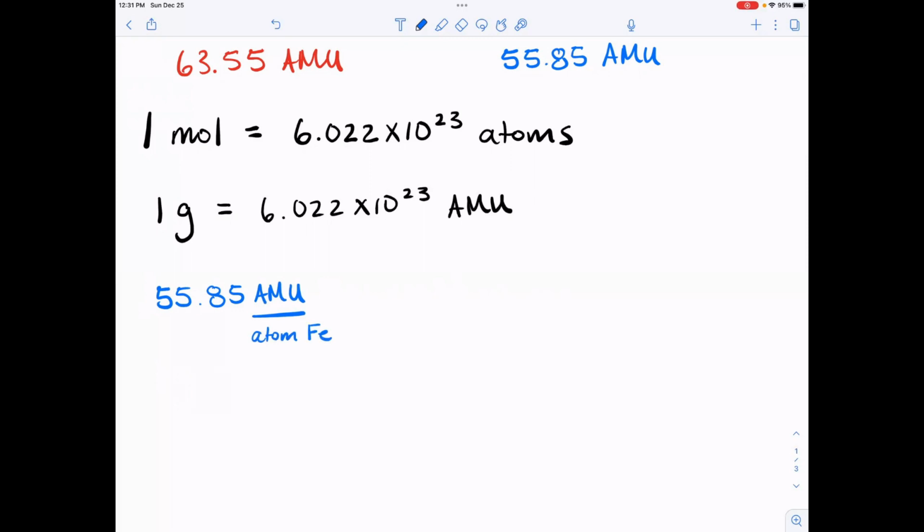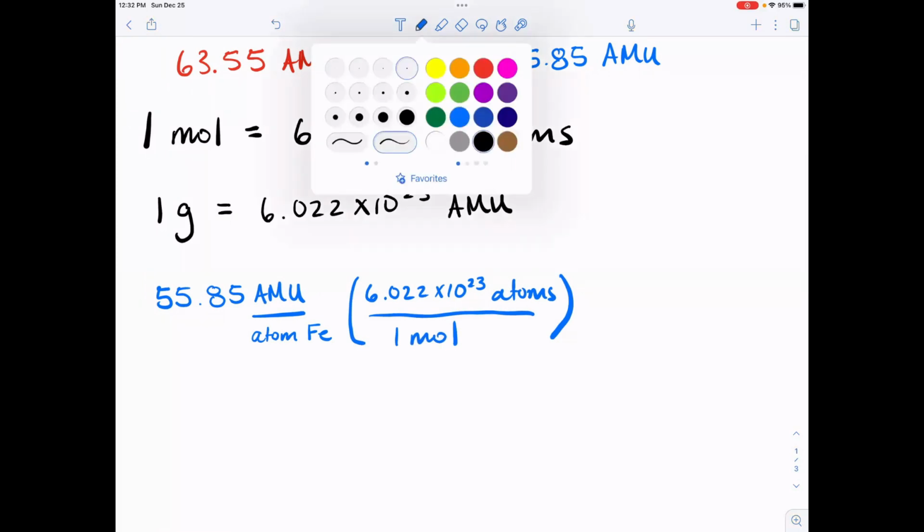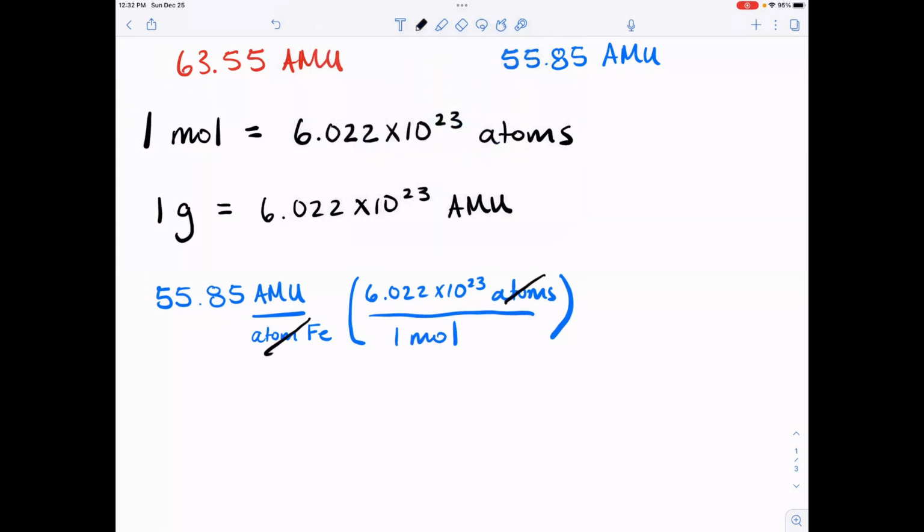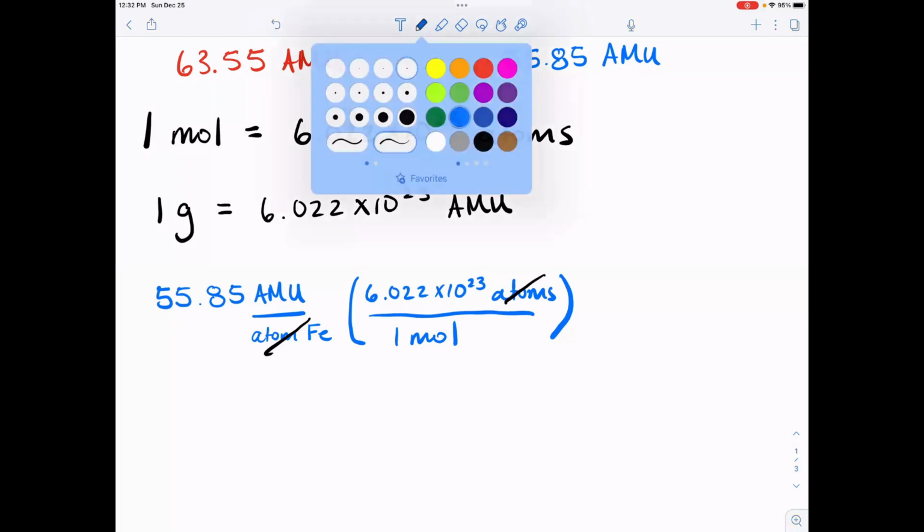We know there are 6.022 times 10 to the 23rd atoms in 1 mole, so now we can get rid of atoms. We're left with 55.85 AMU per 1 mole, times this proportionality constant. But we're not done yet.